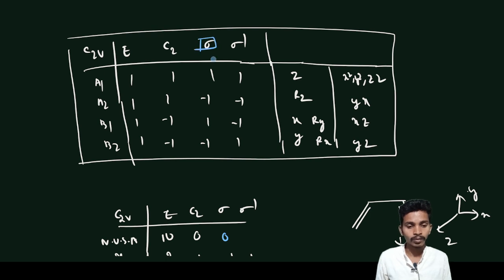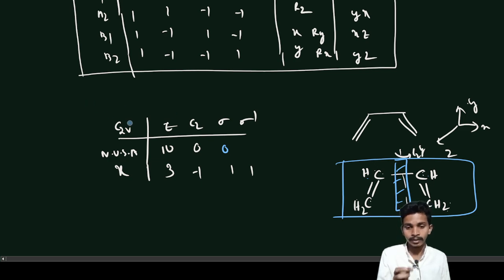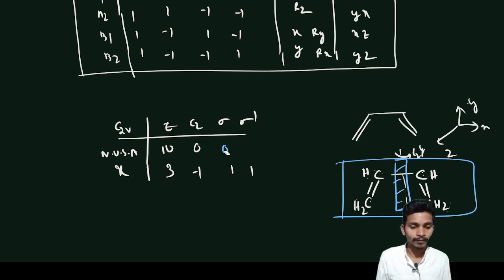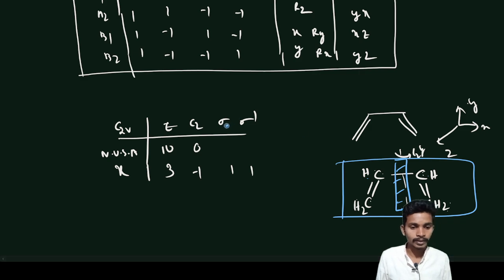If we are using the molecular plane here, we have to use the molecular plane there too. So I will take this plane here, because this and this need to be equal, so that whenever you are checking, it will be helpful. So here I will use the y-axis plane, and here the yz plane. If I apply the plane containing the molecule, no atoms will change, so full 10. And if I apply this one, nothing will stay, that is 0.